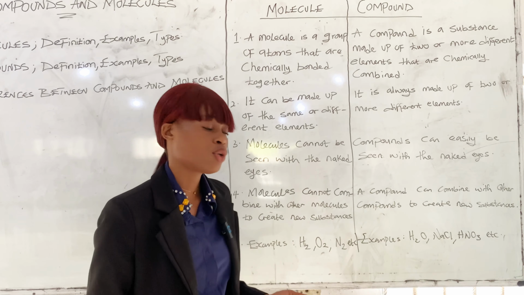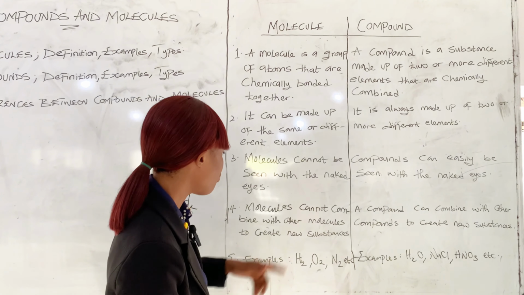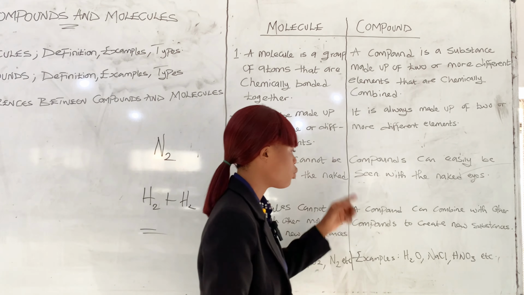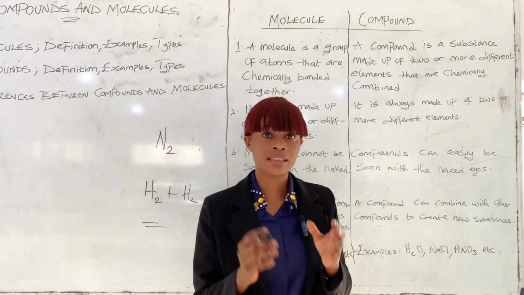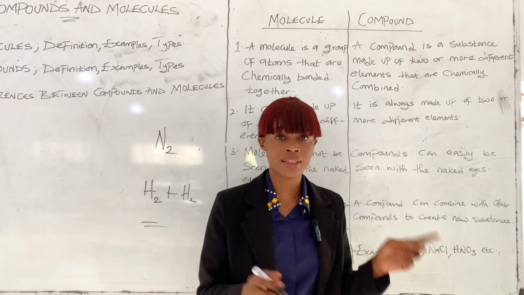An example of that is hydrogen molecule. You cannot say hydrogen molecule plus hydrogen molecule and then get another new substance. No. But for compounds, a compound can combine with other compounds to create a new substance. This is what we refer to as a chemical reaction, when we have two reactants and the product is the result of that reaction.